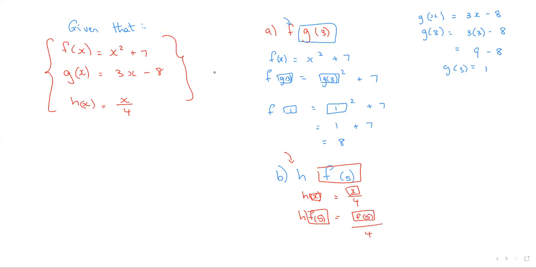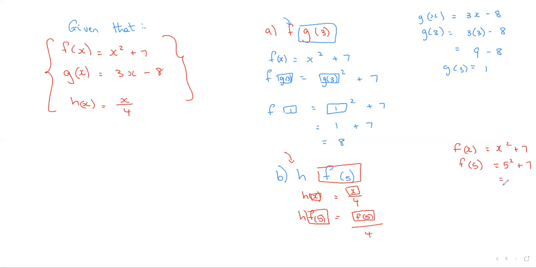Now I could figure out what is f of 5, right? We could find out what is f of 5. Remember, f of x was x squared plus 7. We got that from what they gave us. So f of 5 will be 5 squared plus 7.